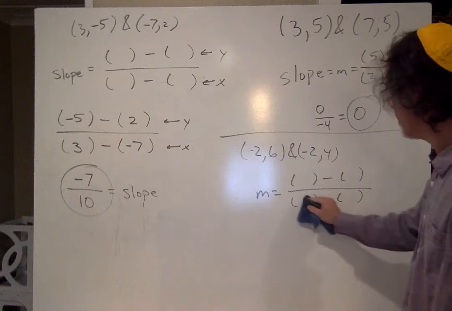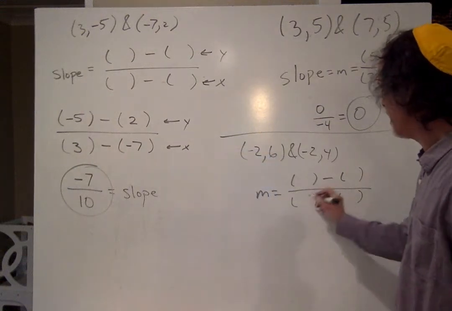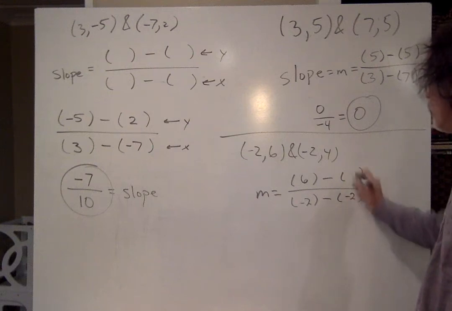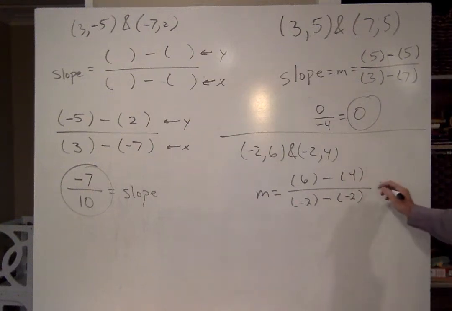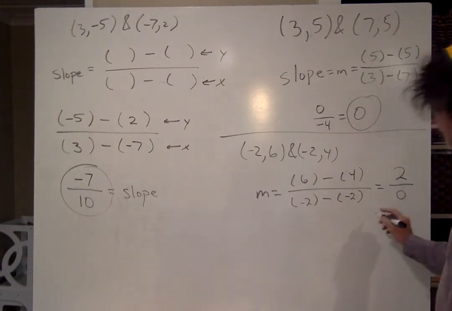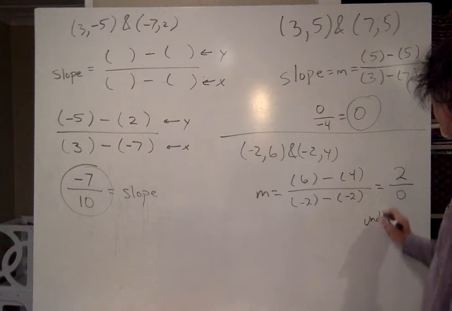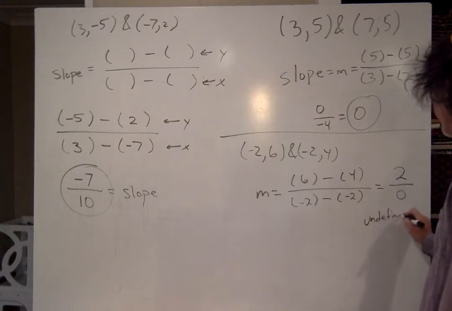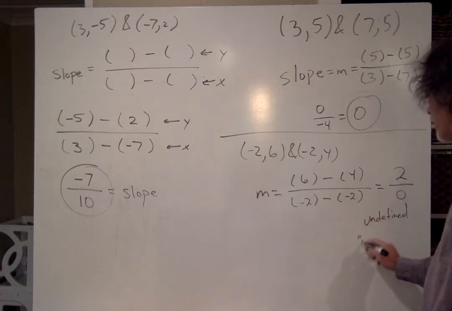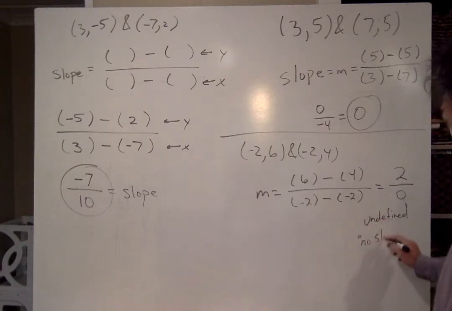See? -2, 6, -2, 4. 6 minus 4 is 2. -2 plus 2 is 0. 2 over 0 is undefined. Or they'll write undefined, or they'll also write it has no slope.